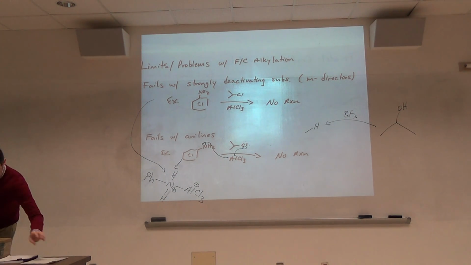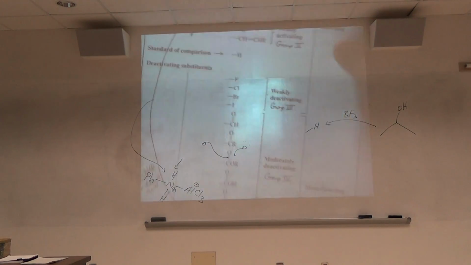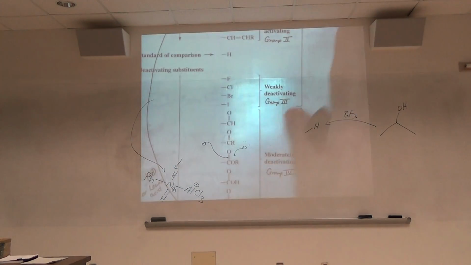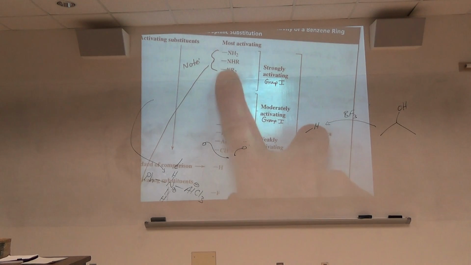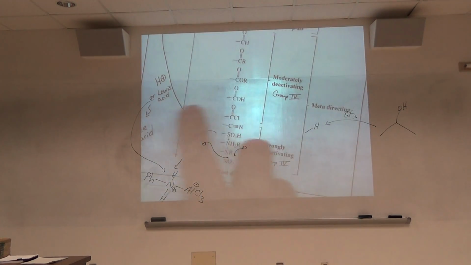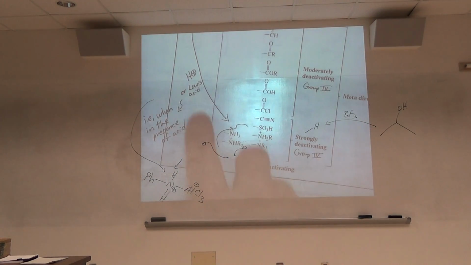But we kind of pointed this out before. Go back to the activating, deactivating. This big line over here. What happens to amines with an H plus or Lewis acid?